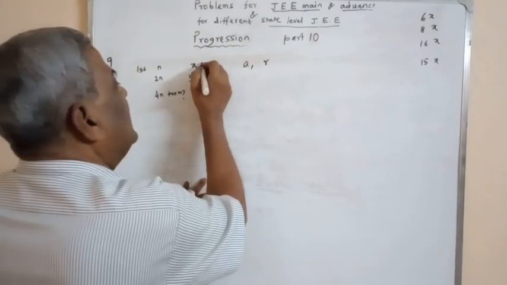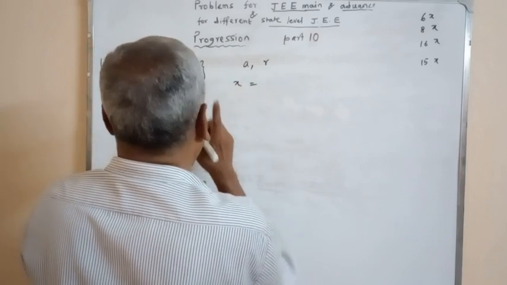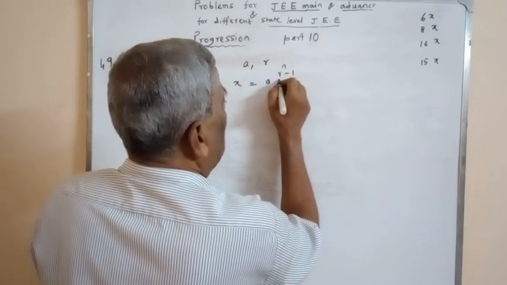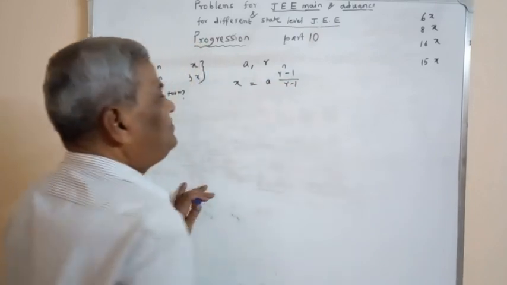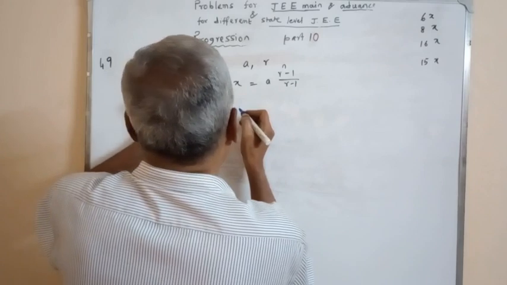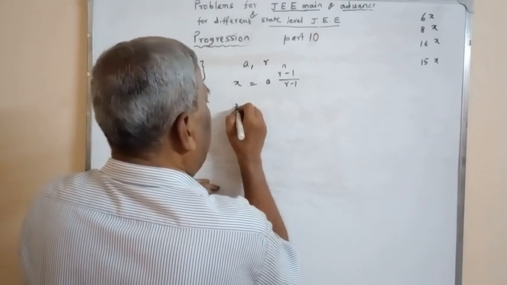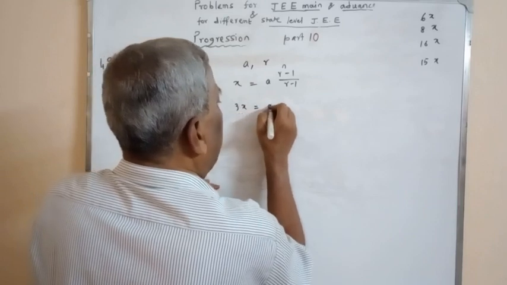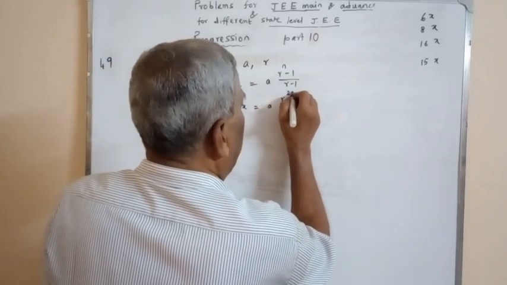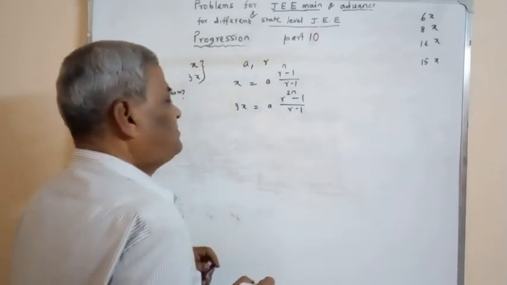From these two given conditions, x, the sum of the first n terms, is A into R to the power n minus 1 by R minus 1. And the sum of the first 2n terms, 3x, is equal to A into R to the power 2n minus 1 by R minus 1.